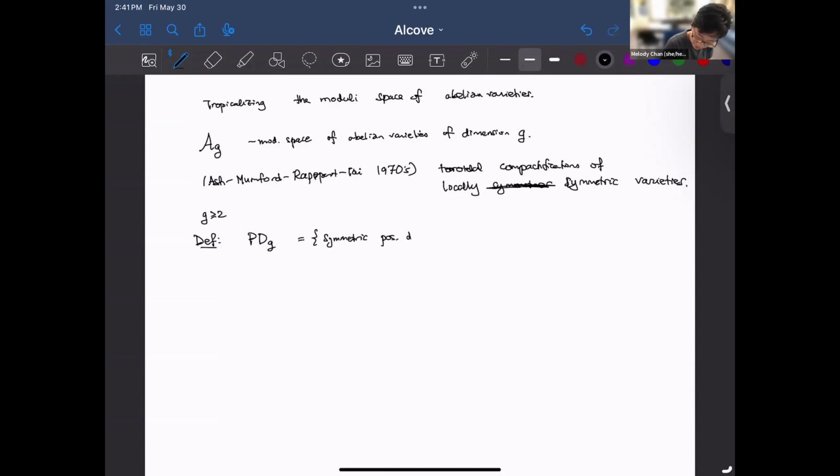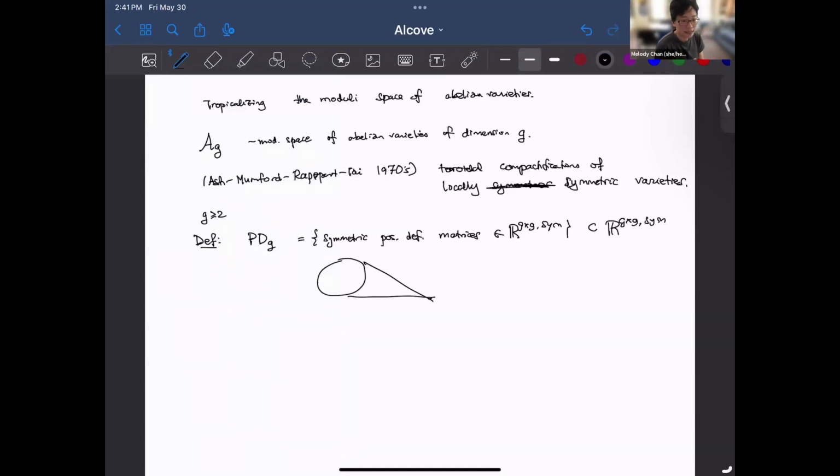So these are a subset of a g plus 1 choose 2 dimensional real vector space. And this subset is an open cone. It's an open convex cone, by which I mean it's convex, and it's closed under scaling by positive real numbers.